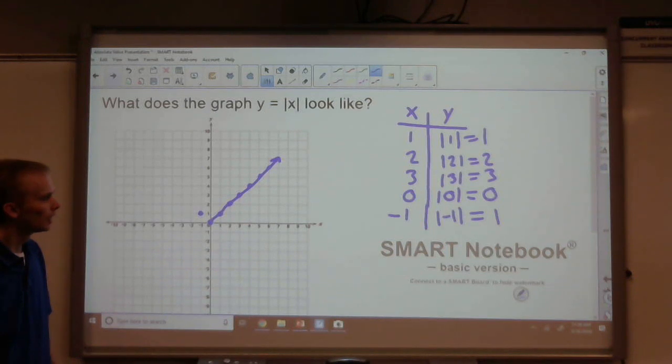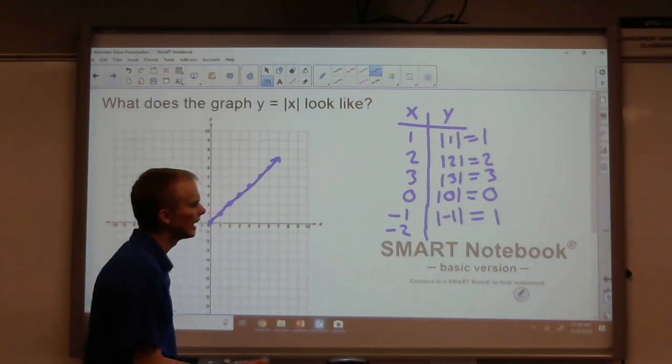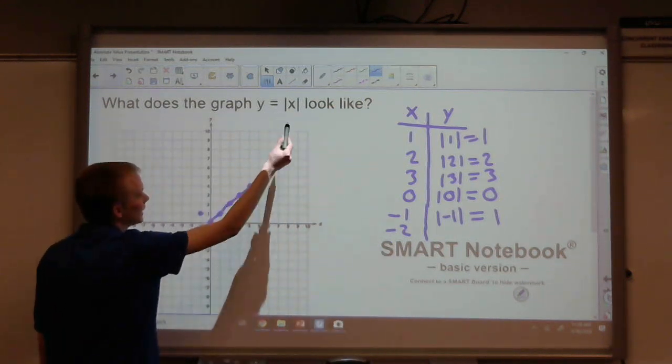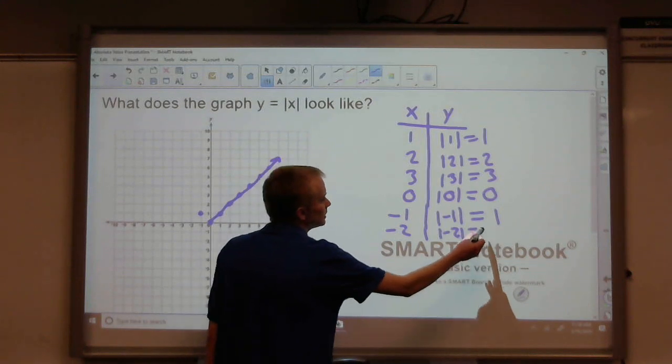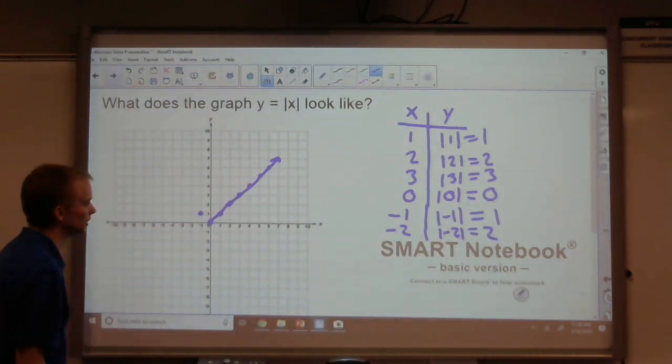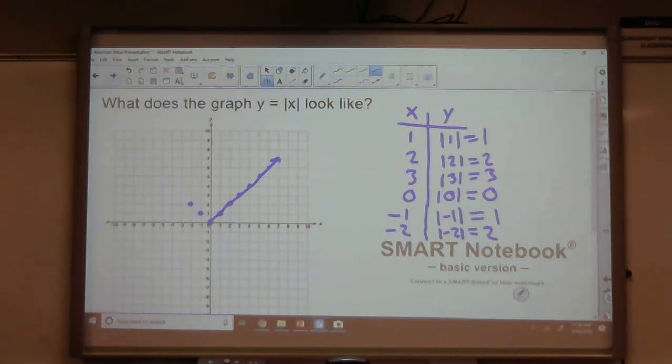Okay? Let's try another negative number. When I plug in negative 2 for x, what do I get? The absolute value of negative 2 is positive 2. So at negative 2, I'm going to be at positive 2. Interesting. What does this look like?